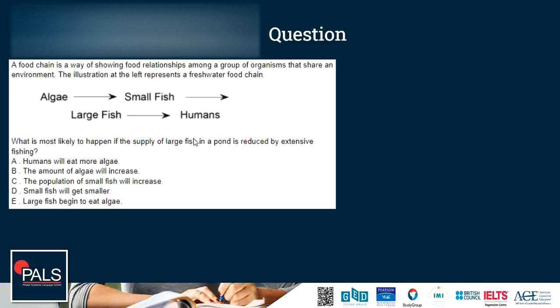But the question doesn't have anything about decreasing algae, it only mentions increasing algae. So answer C is the correct answer here. The population of small fish will increase.